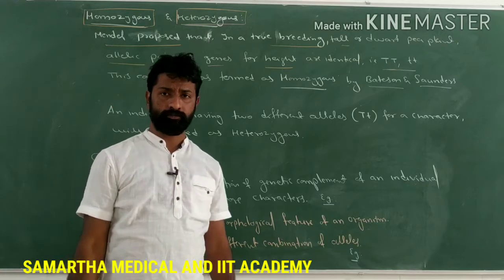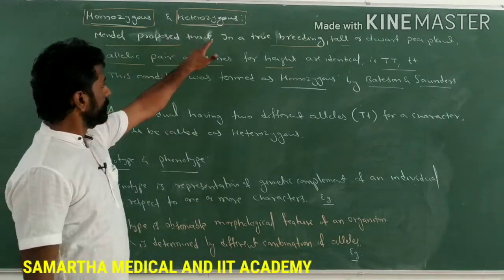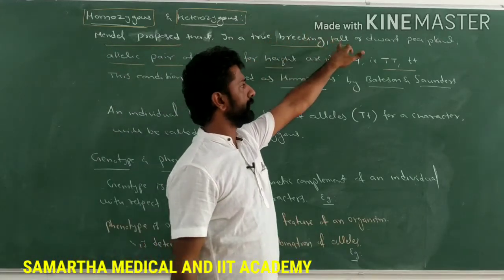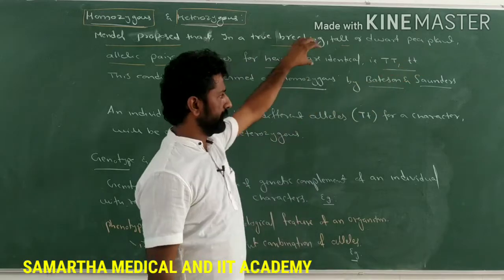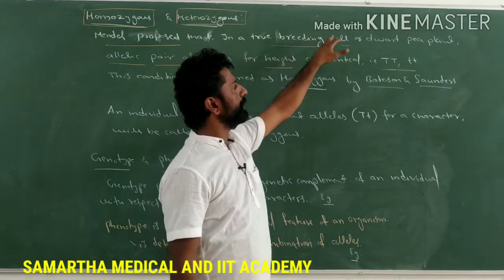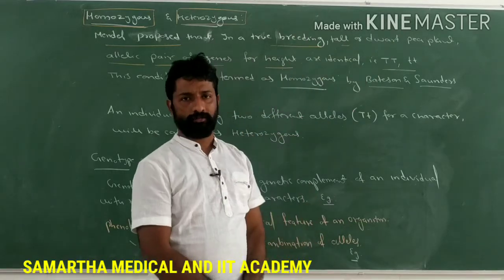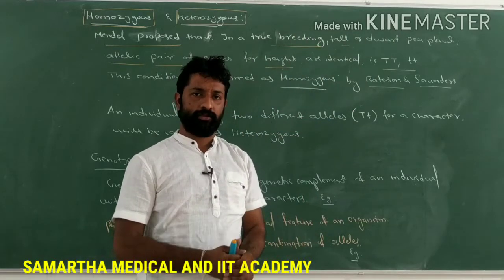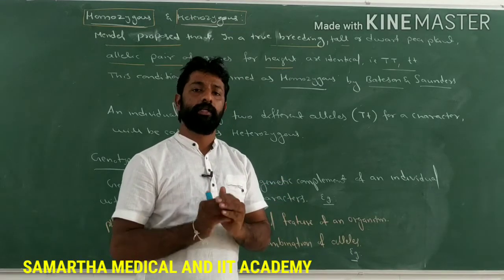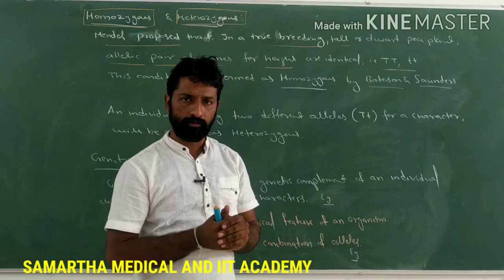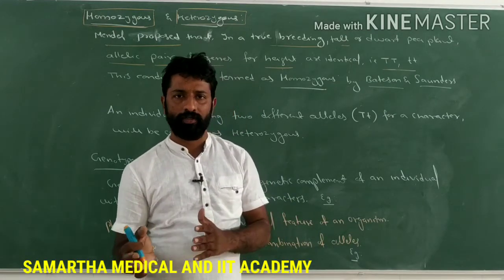Didn't understand? Shall I repeat once again? Okay. See, in true breeding tall pea plant or true breeding dwarf pea plant, this sentence applies only to the true breeding tall plant and the true breeding dwarf plant. True breeding means they will be true for the character they express. Tall means it will be purely tall, dwarf means purely dwarf, without the blending or mixture of the genes.